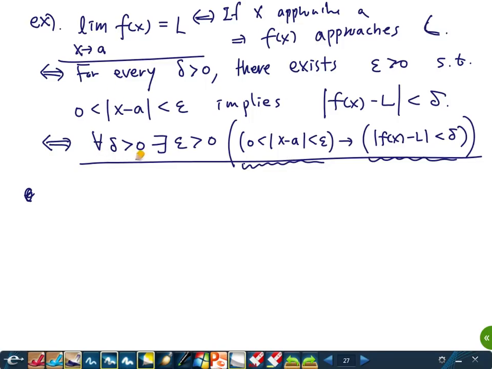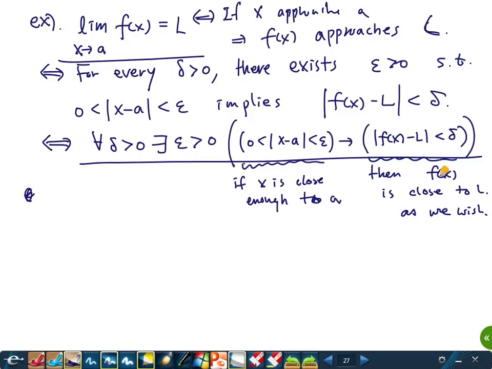For every positive delta, there exists epsilon such that this means x is close to a. One way to think of this is if x is close enough to a, then f of x is close to L, as we wish.